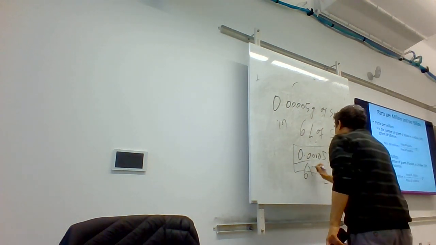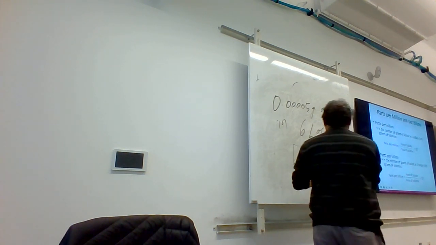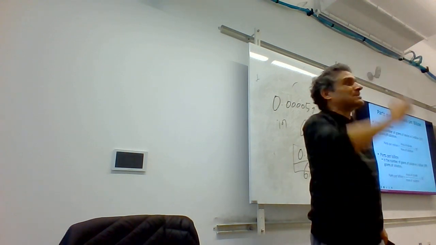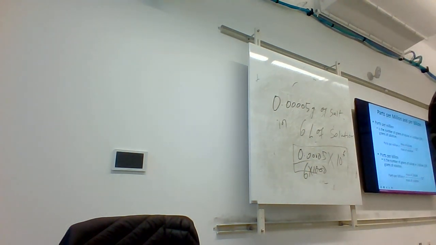Liter would be kilogram, so I would multiply by 1000 to make it gram. So you need to have the same unit up and down. 1 liter is 1 kilogram. If the numerator is gram, the denominator must be gram, so I put another 1000 there. Does that make sense?